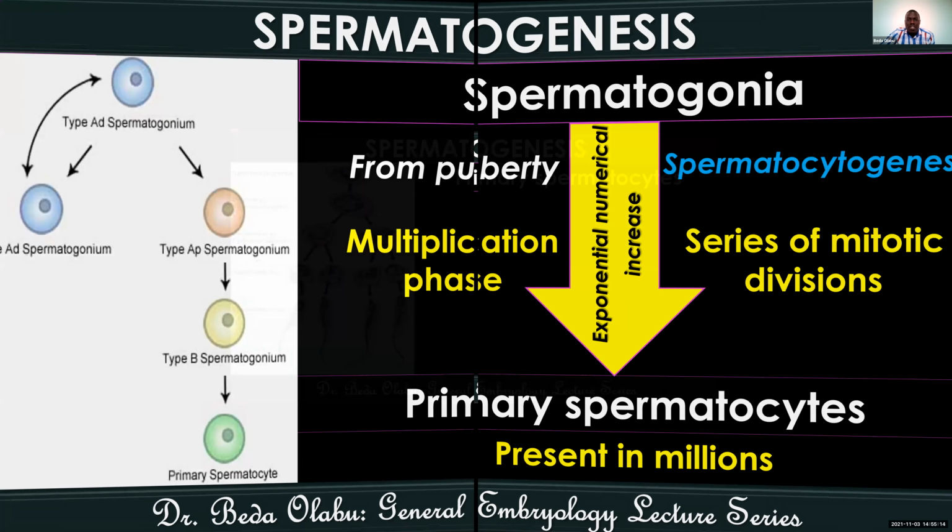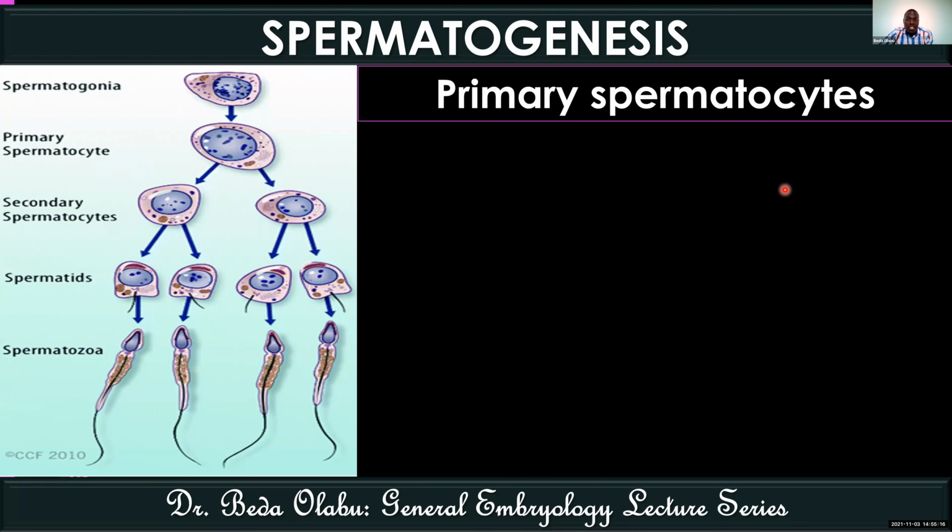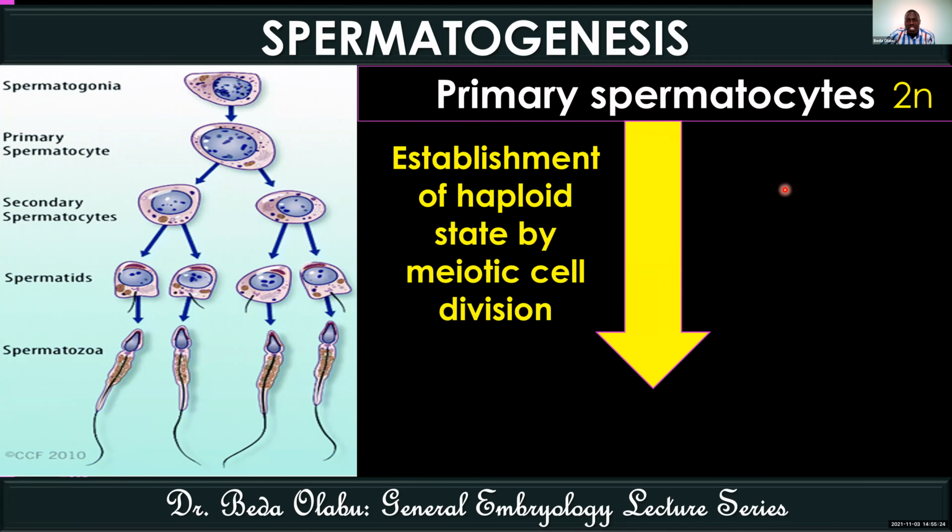The primary spermatocytes then undergo phase 3 of gametogenesis. Phase 3 of gametogenesis involves establishment of the haploid state. Haploidy is a state where the cell has only one set of the chromosomes.